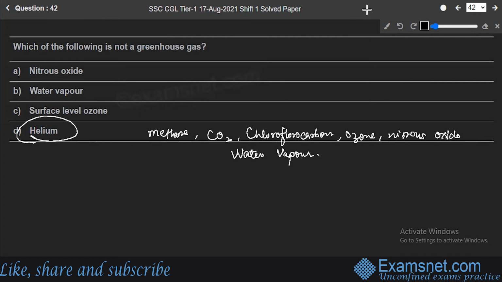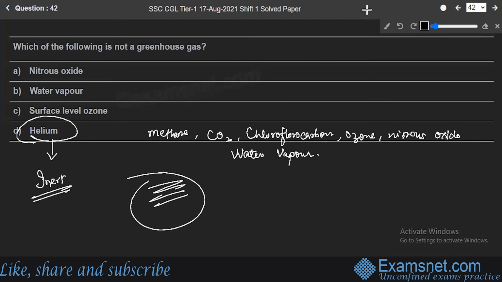They contribute to the greenhouse effect. The greenhouse effect is the way in which heat is trapped close to the Earth's surface by the greenhouse gases. Helium is not a greenhouse gas; it is an inert gas. This is a type of gas which does not participate in any type of reaction. So the answer to this question is option D.